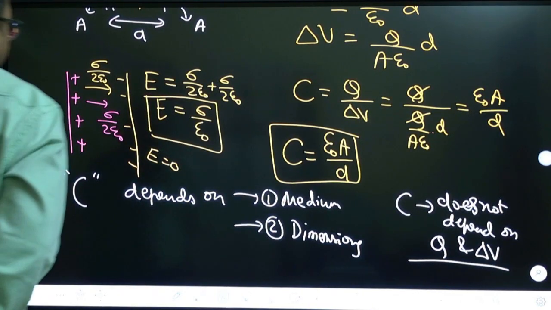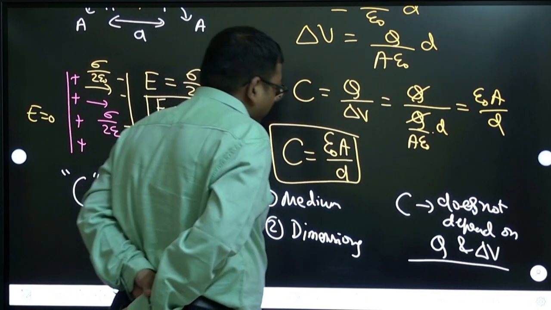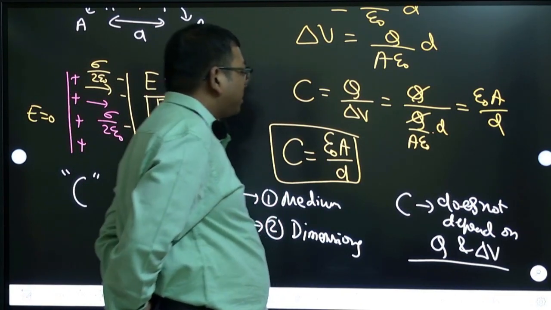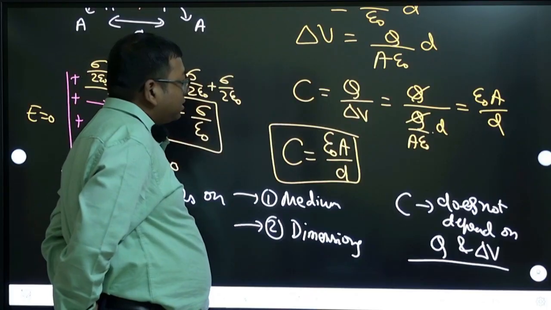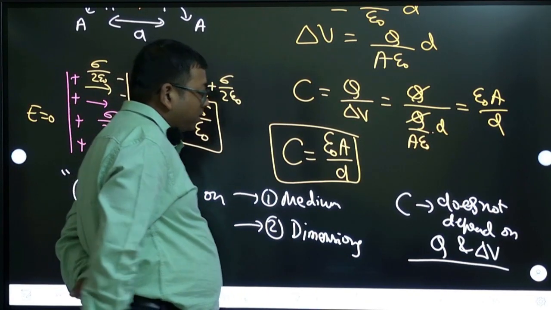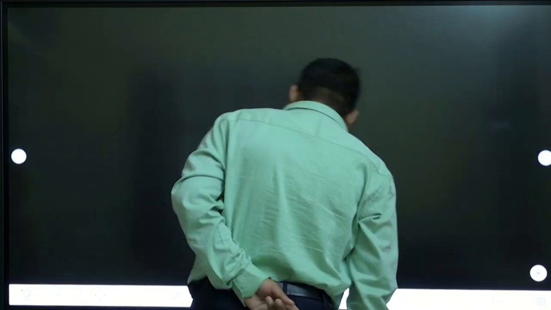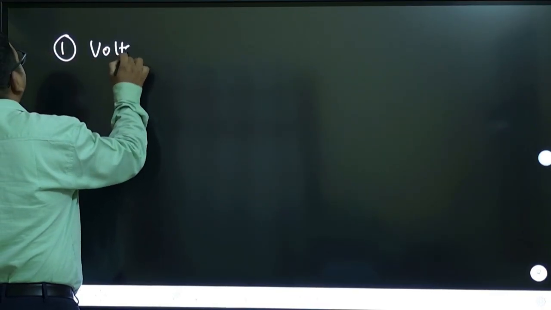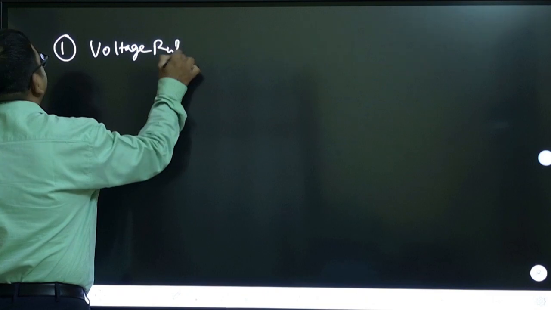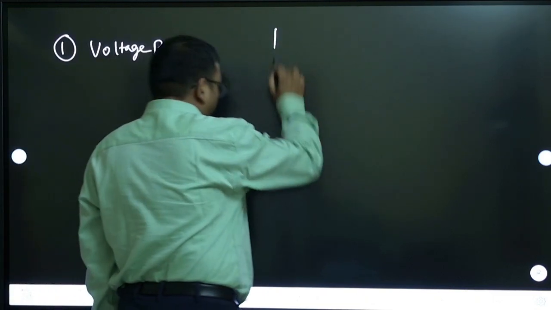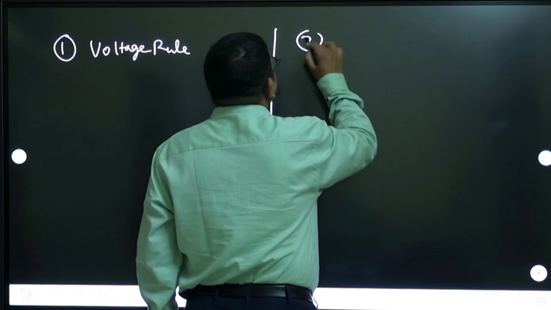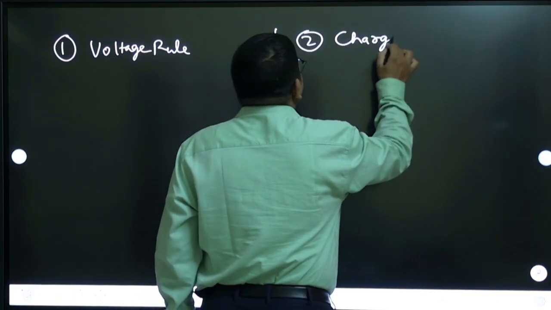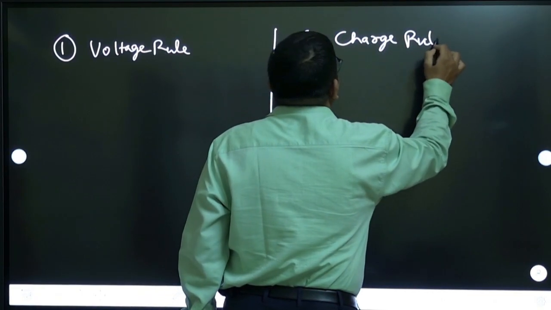Okay, so that is the parallel plate capacitor. Now, what else in a parallel plate capacitor? Let us understand two important things before we go further. That is called the voltage rule, and second is called the charge rule.